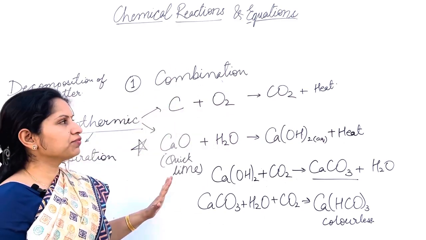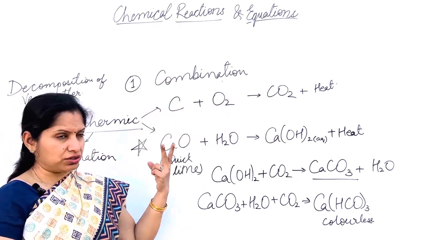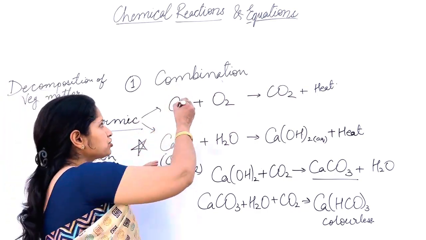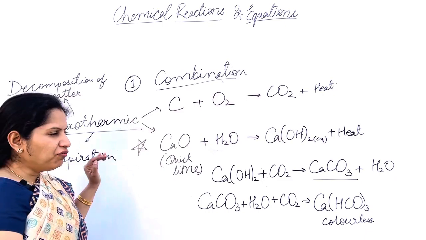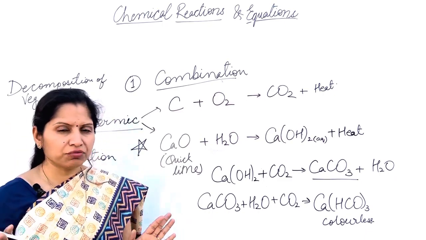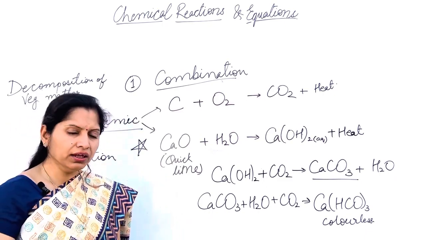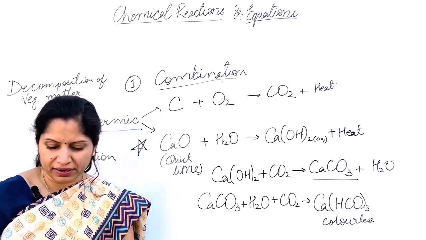So in this, we have studied two types of reaction. One is combination reaction. The second one is exothermic reaction. Every exothermic reaction need not be a combination reaction. Okay, they could exist independently also.